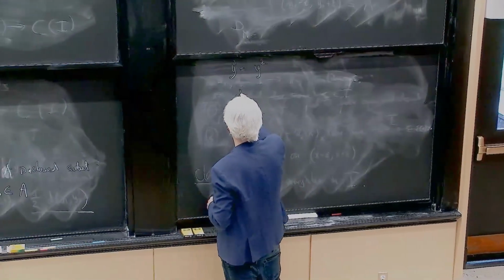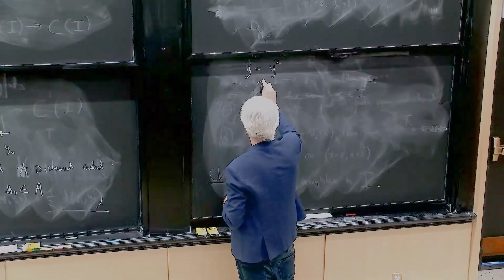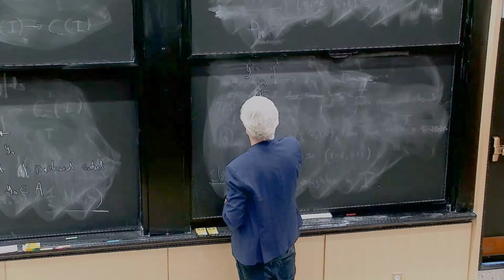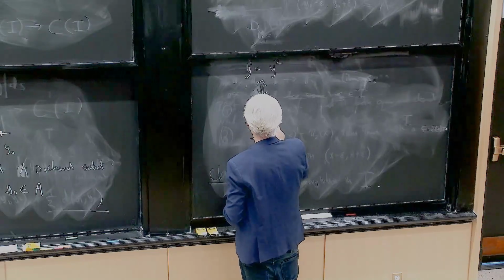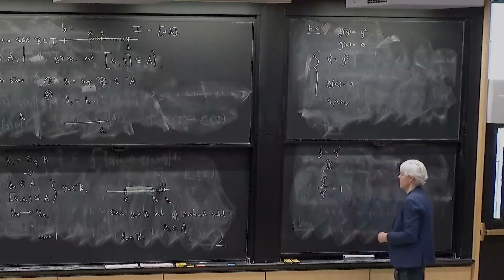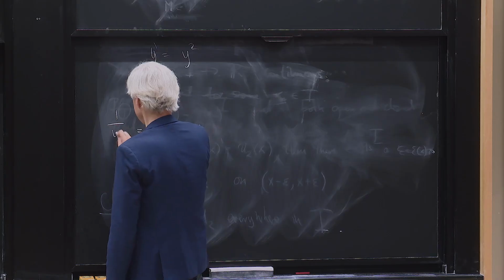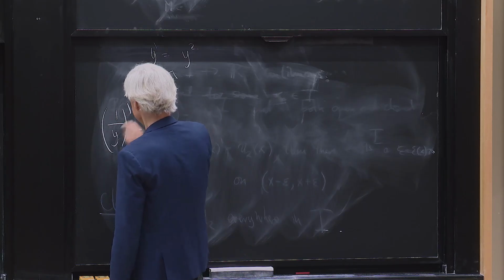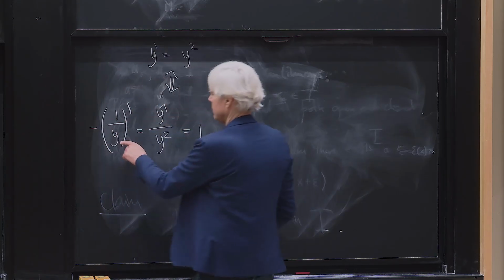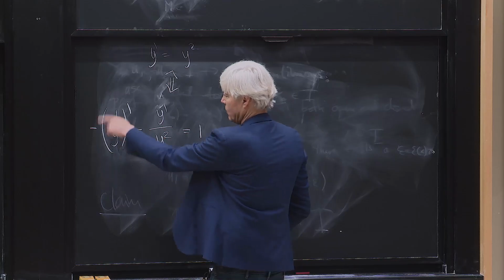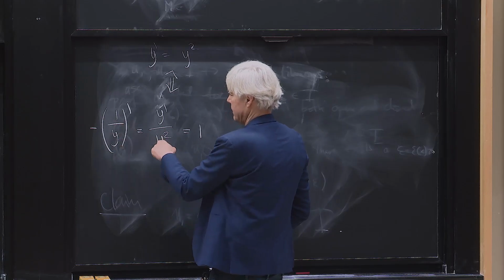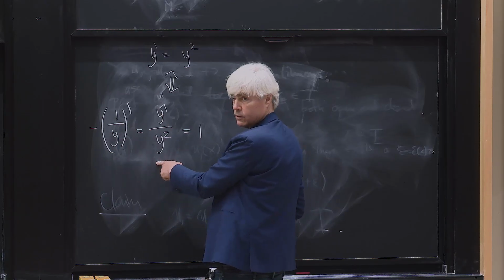So this thing here is equivalent to y prime over y squared being equal to 1. And this thing here I can write as 1 over y, prime, times minus 1. If you're looking at this function here, by the chain rule, it's equal to that, right?